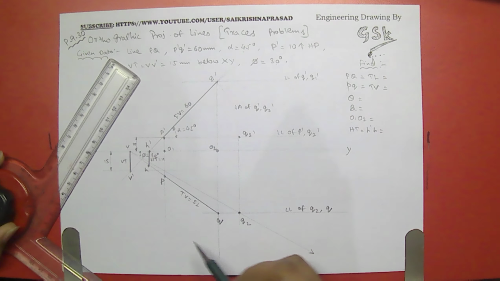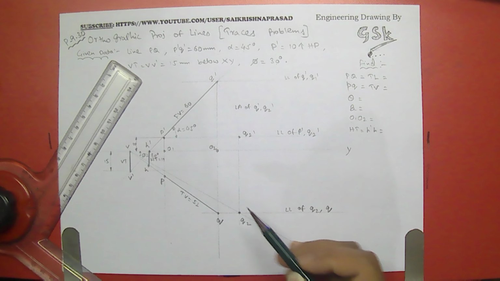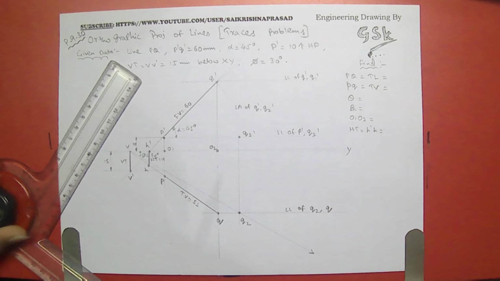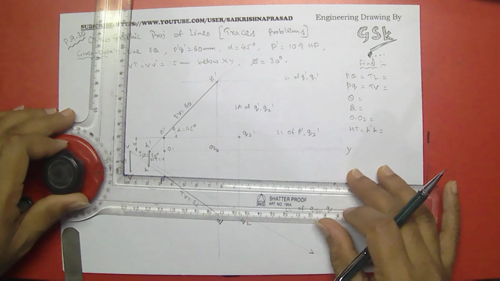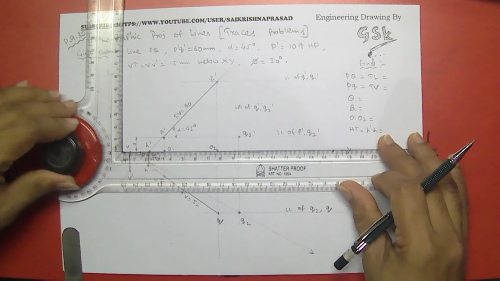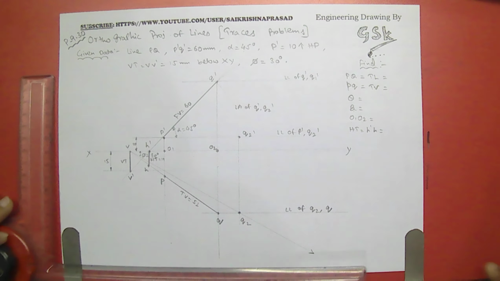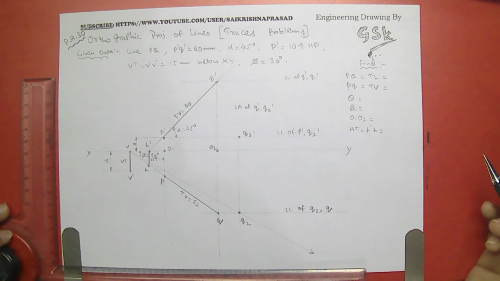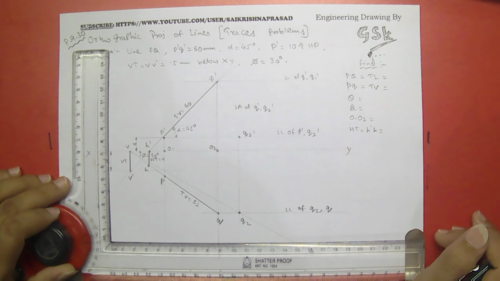So finally we got the top view and front view, and alpha is already given, phi is already given. So now I have to locate the beta also, beta and phi. Before that I forgot to mention to draw the true length, right? So how to get the true length for this one?